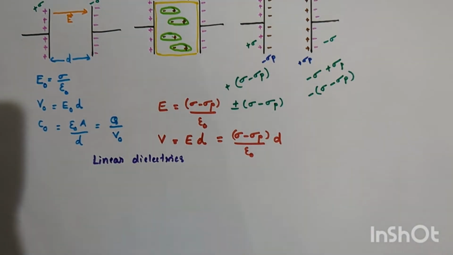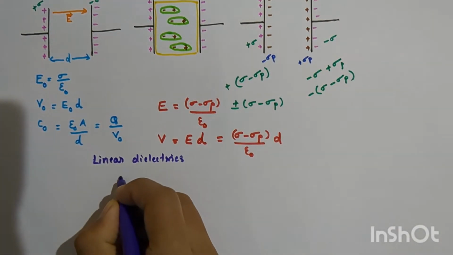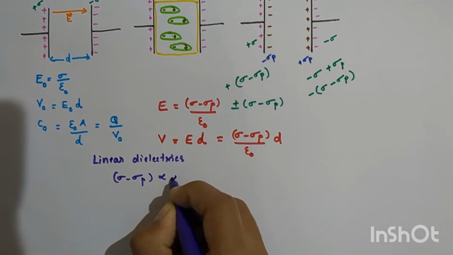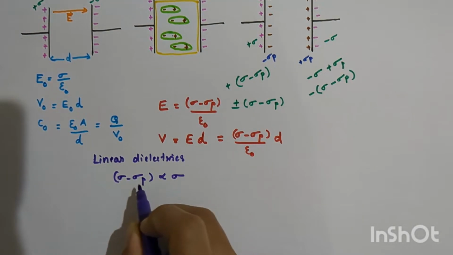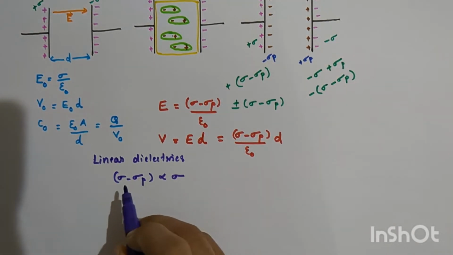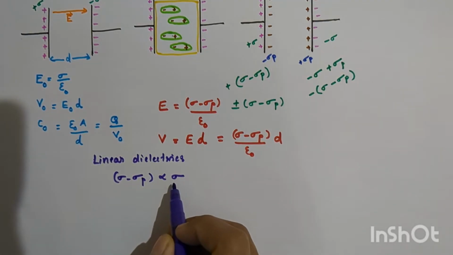And for linear dielectrics, sigma minus sigma p will be proportional to sigma. Sigma minus sigma p is the surface charge density after the dielectric is inserted between the plates of the capacitor, and sigma was the surface charge density before it was inserted.